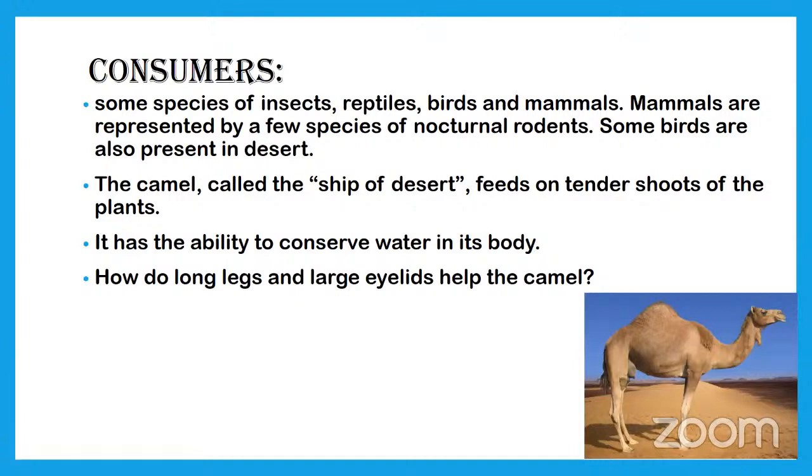These are the adaptations: long legs, large eyelids, wider hooves, fat stored in the hump, and water stored in the chamber of the stomach. These are the adaptations observed in the camel.